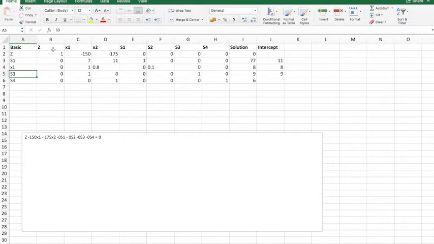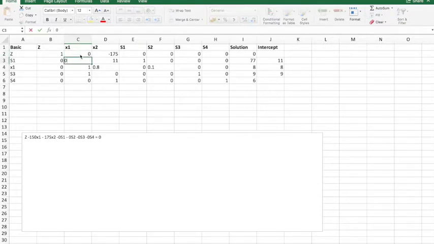Okay, so now we can eliminate the other x1 variables above, and you'll notice that this is very similar to the Gauss-Jordan method. So if we do that, we get the following result. Okay, I'll leave that up to you to carry that exercise out.